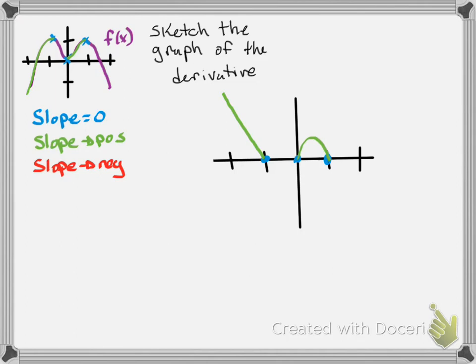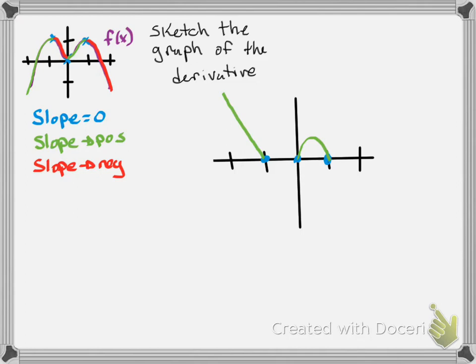Finally, we have to graph the spots where the slope is negative. A negative slope means the graph is going down. So between -1 and 0, the graph is going down. And then from 1 all the way on, the graph is going down. So again, I'm going to graph those points below the x-axis this time, because I want negative slopes. Starting at my first blue dot at (-1, 0) and going to my second blue dot at (0, 0), I need to connect those dots, but I need to be below the x-axis.